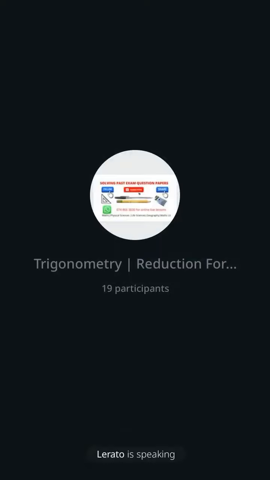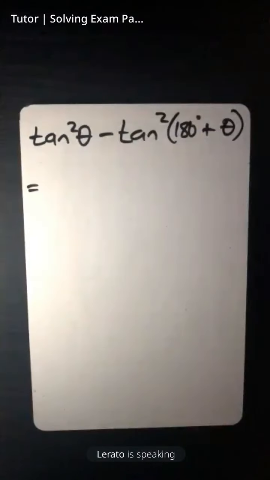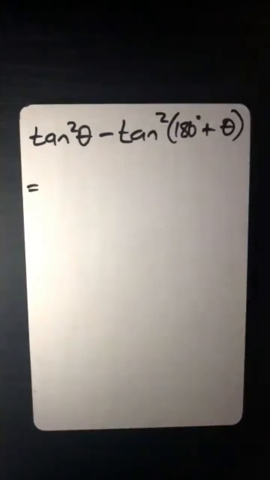So how do you see this is an expression? The left-hand side is not equated to a number or a value. There is no equal sign, sir. Lerato, how do you see this is an expression? There is no equal sign, sir.